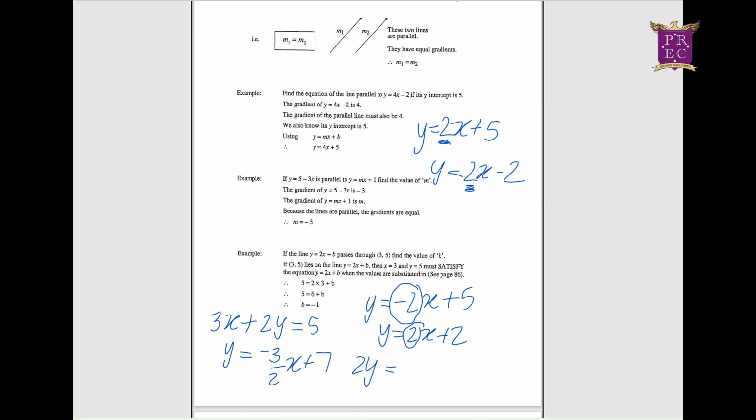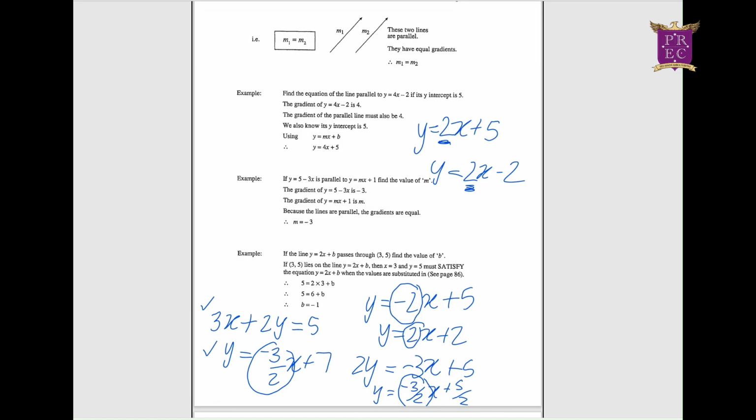So we'll take 3x to the other side, which makes this -3x plus 5, and divide both sides by 2. We're left with y is equal to -3 on 2 x plus 5 on 2. Since we now know that the value next to x, which is the gradient, is the same, we can tell that these two are parallel lines.